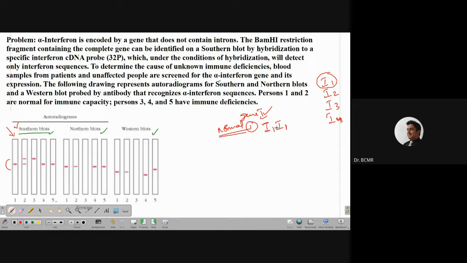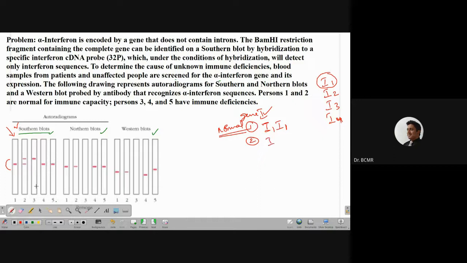So I1, I put. Now look at person 2 from Southern blotting. What do you think about it? She's heterozygous, and one of the alleles is I1. Yes, the person in sample 2 is certainly heterozygous.